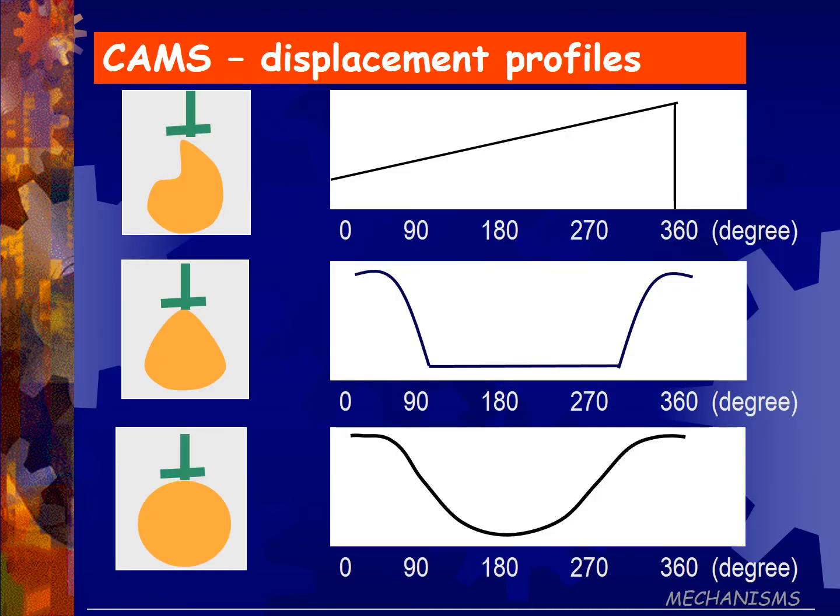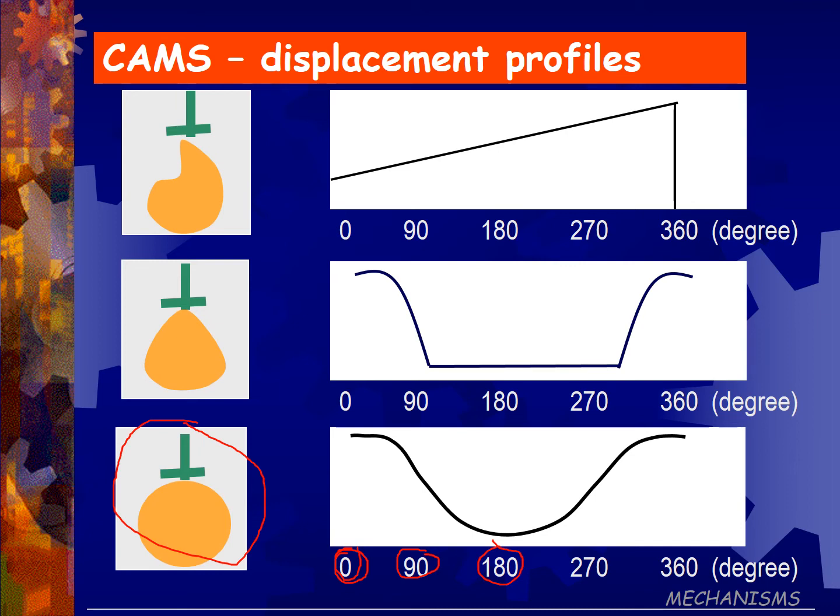Now let's look at how the follower will behave based on these three different types of cams. I would like to start with the first one, which is the eccentric cam. This is the height of how the follower will be moving, and at the bottom here are the degrees of the cam being turned. When this cam is at 0 degrees, the follower is here.